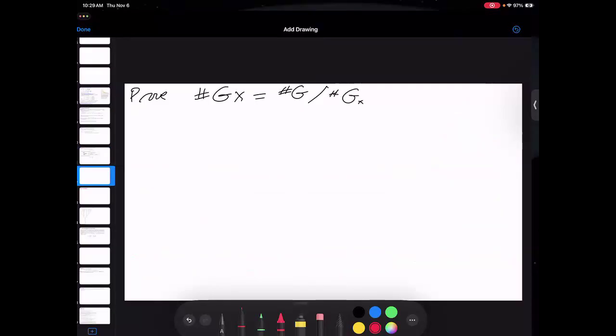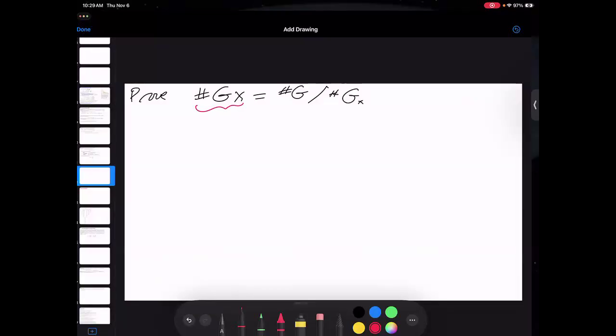So there are three things here. What is this first quantity? What is Gx? What object is Gx?